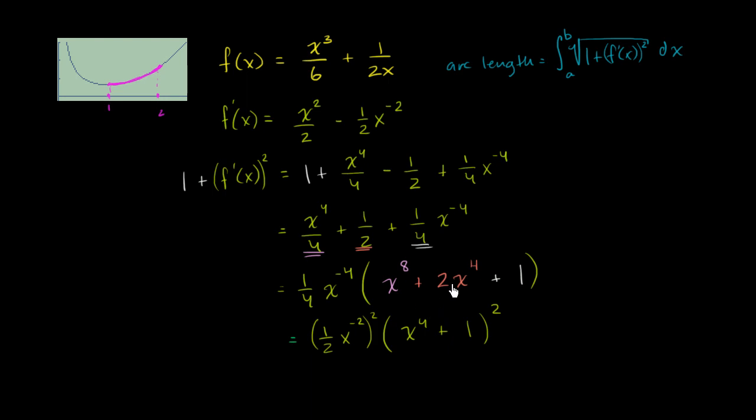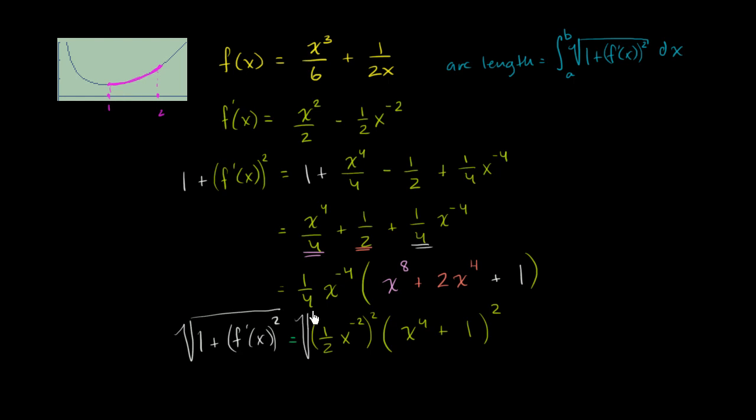And so now if we wanted to take the square root of both sides, the square root of 1 plus f prime of x squared, notice I'm just focusing on the algebra. So what we've done so far, this is 1 plus f prime of x squared. Now we want to take the square root of that.